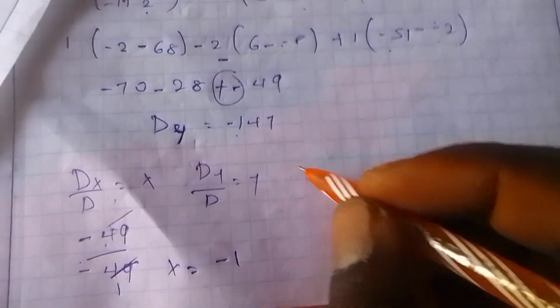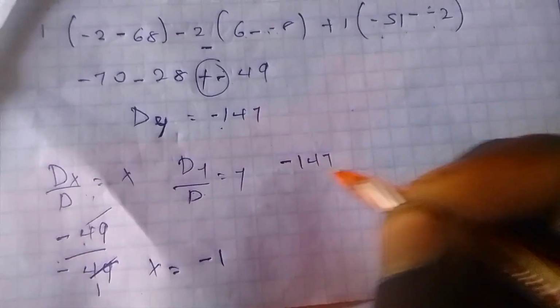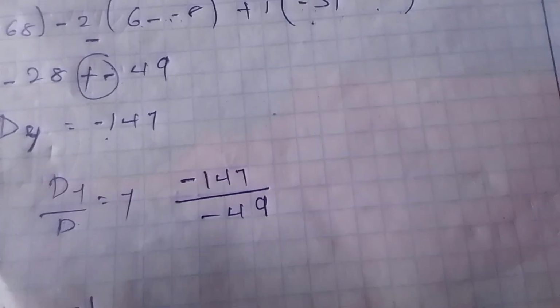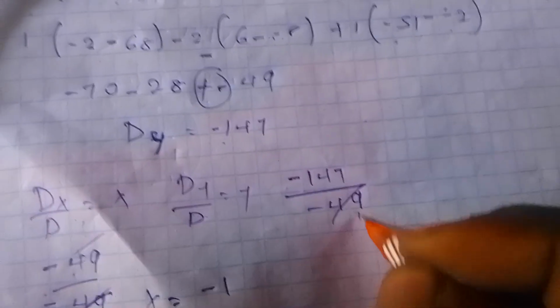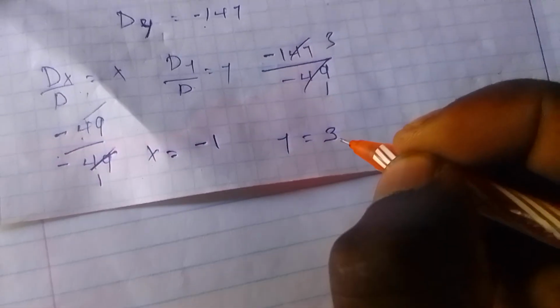Then we found our y to be negative 147 over our d, which was negative 49. Do you remember? When you divide the same, negative 49 goes into negative 147 three times. So our y is equal to 3.